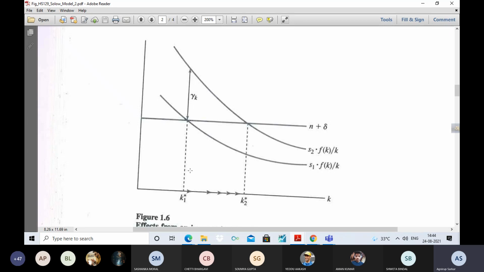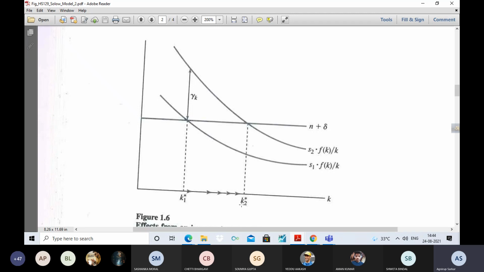Now, as K increases, the growth rate falls and approaches zero. Slowly, there's no gap at all. It approaches zero as K approaches K2 star.